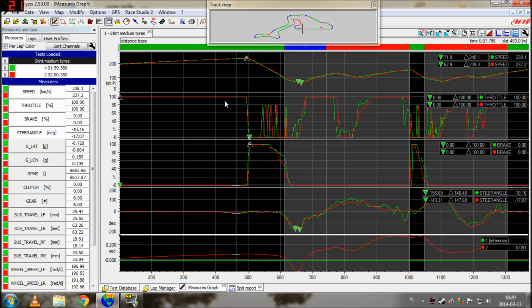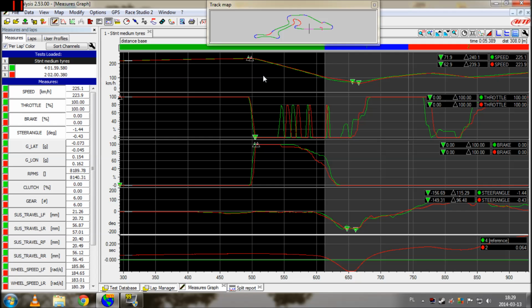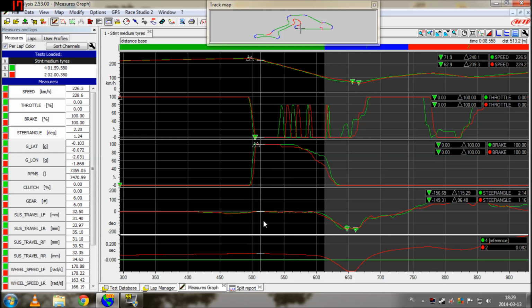Okay, so we start approaching turn number 1. Let's see the difference between braking points. Brake is here, and as you can see, I start braking earlier on the green lap. Remember, the green lap is the quicker, the red is the slower. And we start braking. What happens?